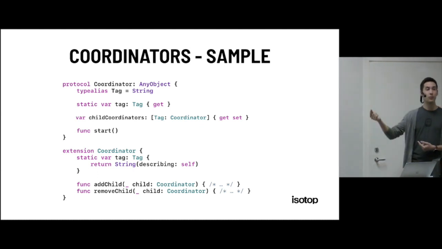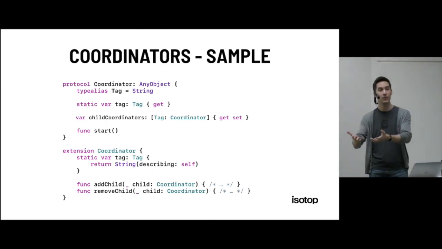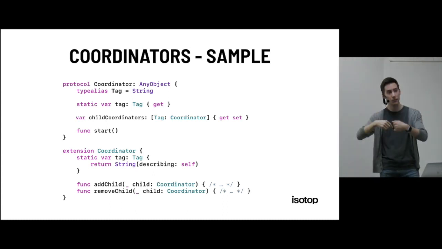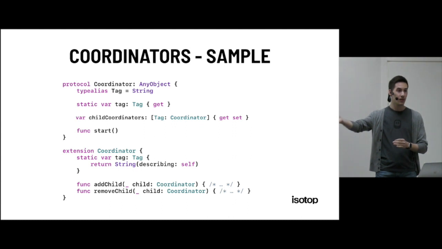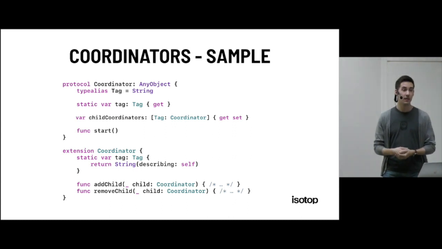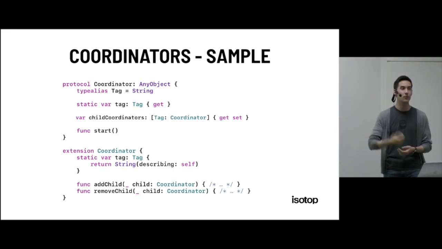As part of this process where we remove a coordinator child from another coordinator, we let it do some things by itself first and then call back to its parent when it's done. For example, if it needs to animate some view controllers going out of the view, that can be tricky, because the parent coordinator doesn't really know what the child coordinator has added to the stack.